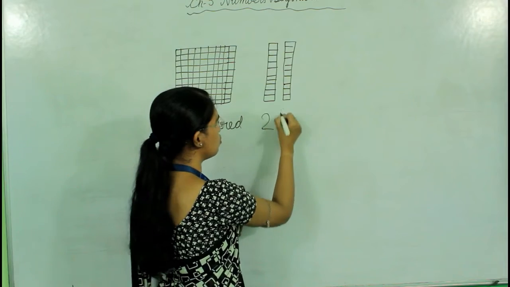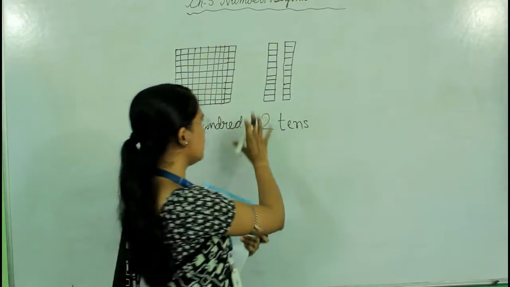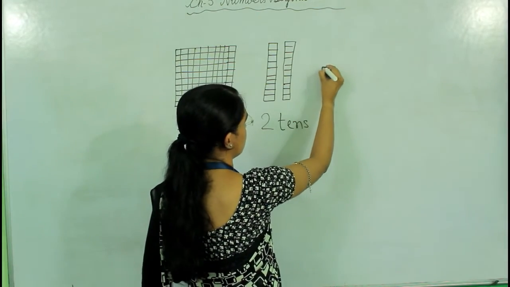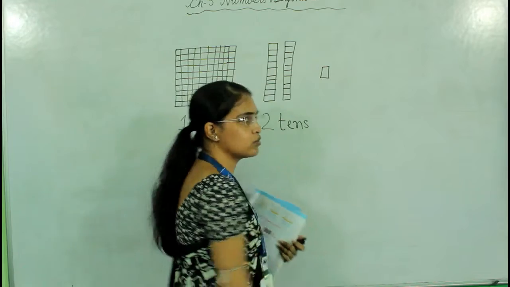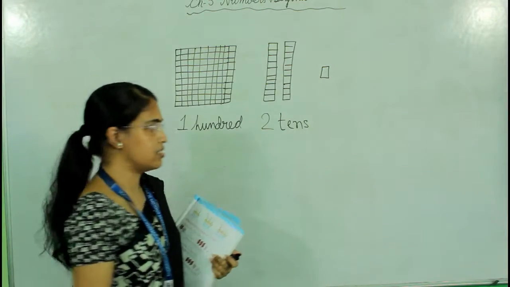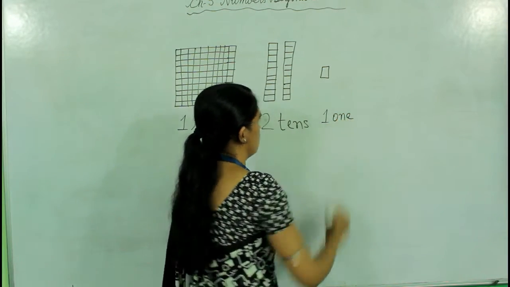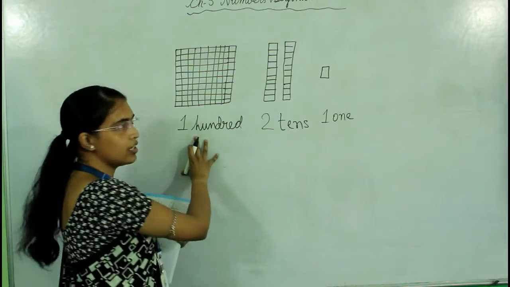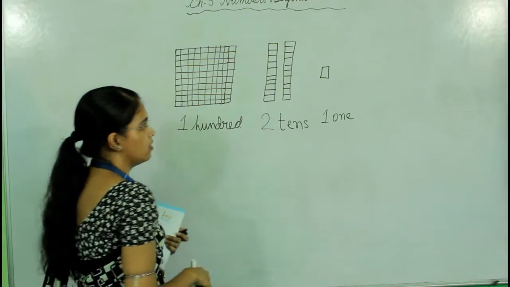That means 2 tens. And with this I have one extra block. So this belongs to which group? Ones. That means 1. Okay, this is 100, this is 2 tens, and 1 block means 1.